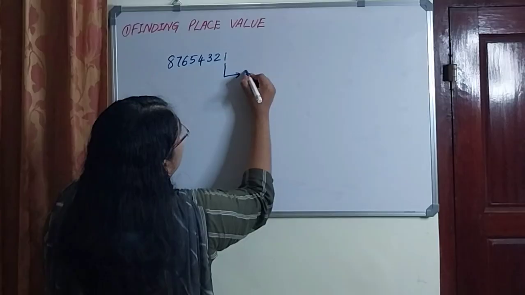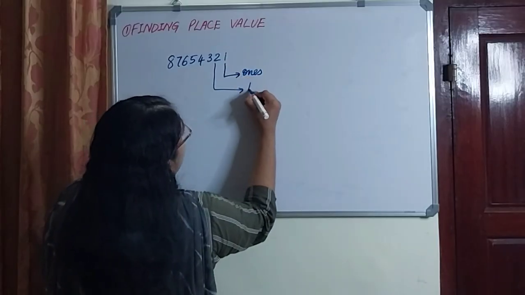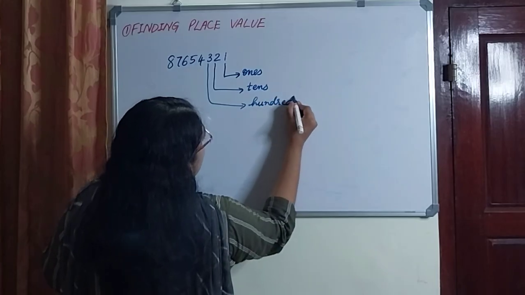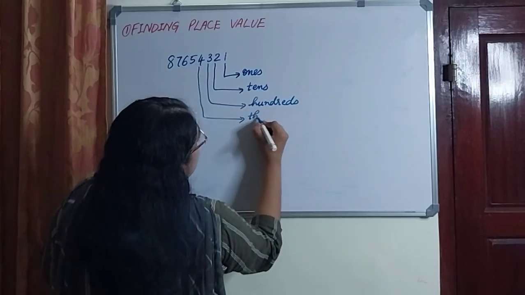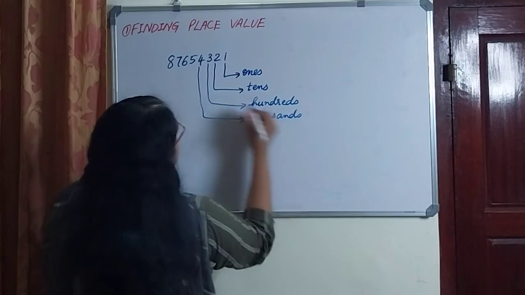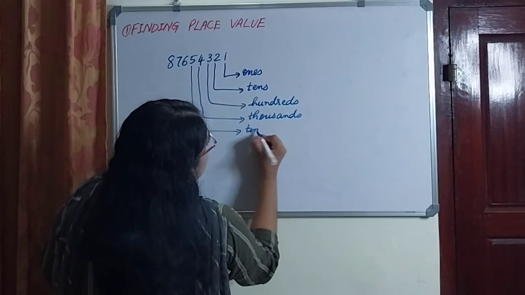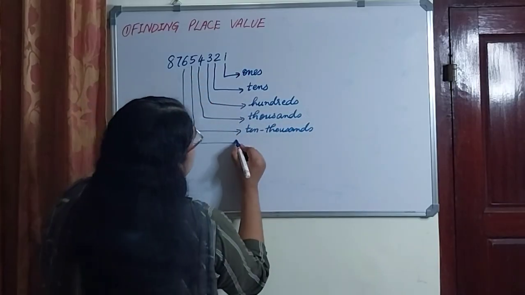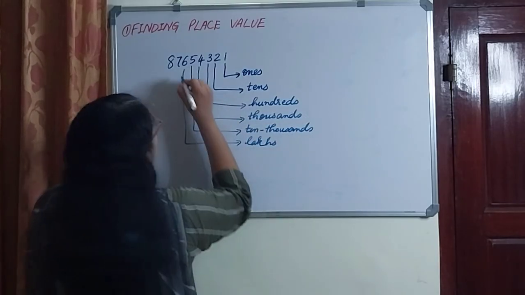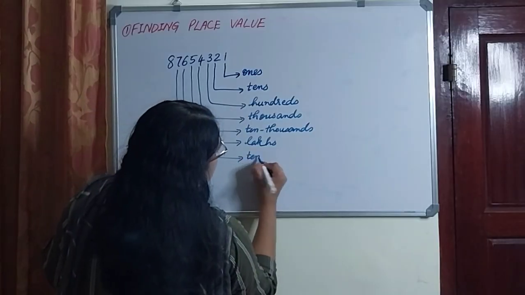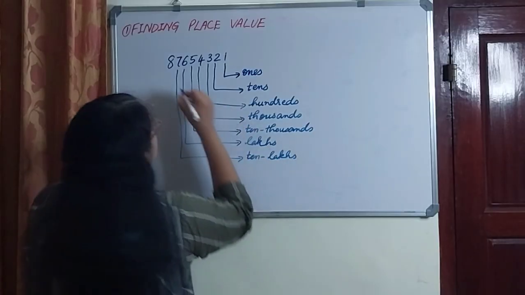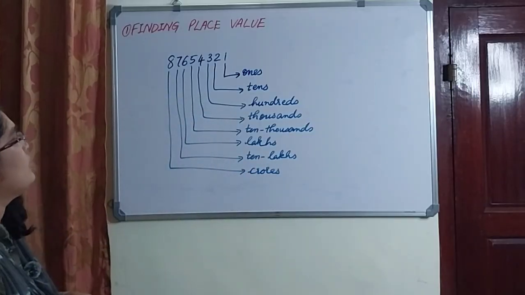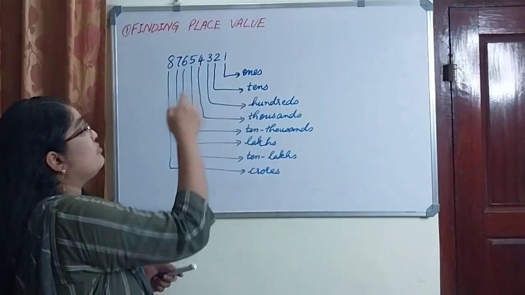We write ones, tens, hundreds, thousands, ten thousands, lakhs, 10 lakhs, crores.